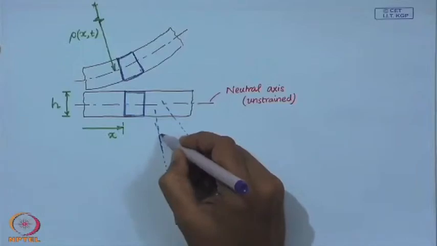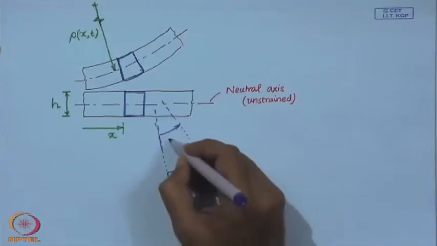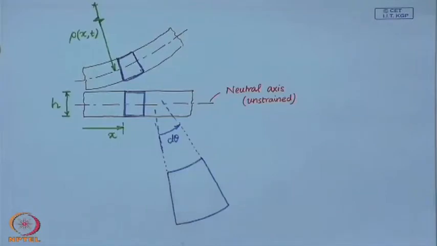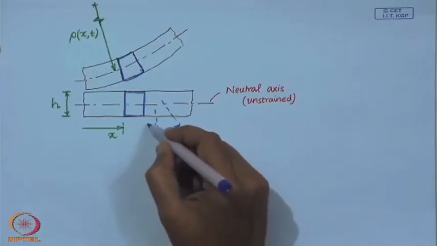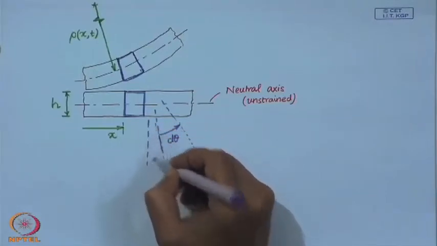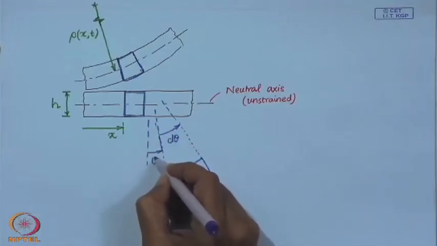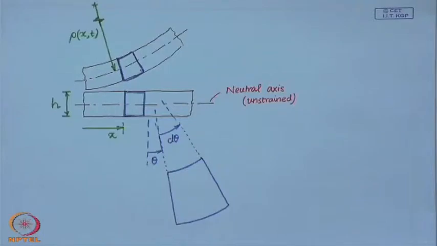So, let this element be of angle d theta, and this plane. So, this is an exaggerated figure. So, this angle is theta and the angular length is d theta.